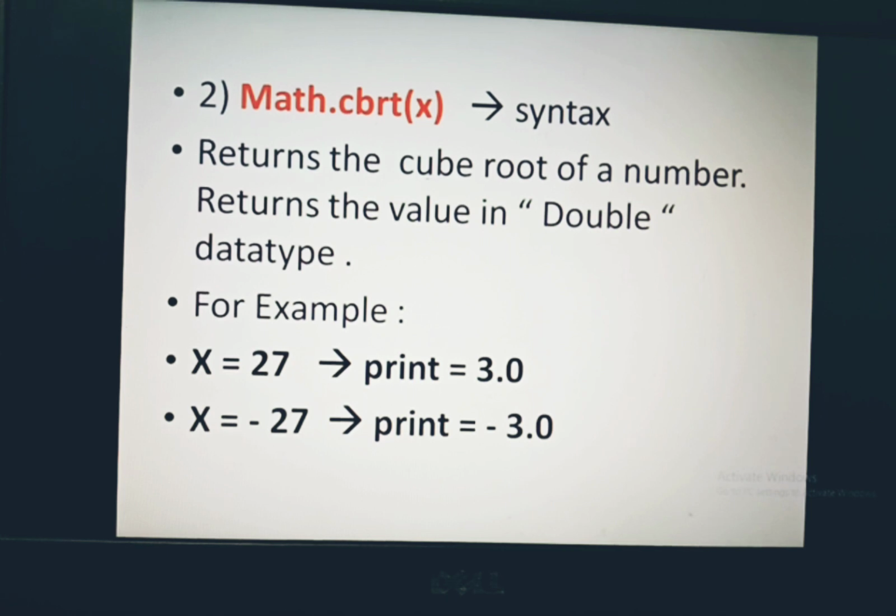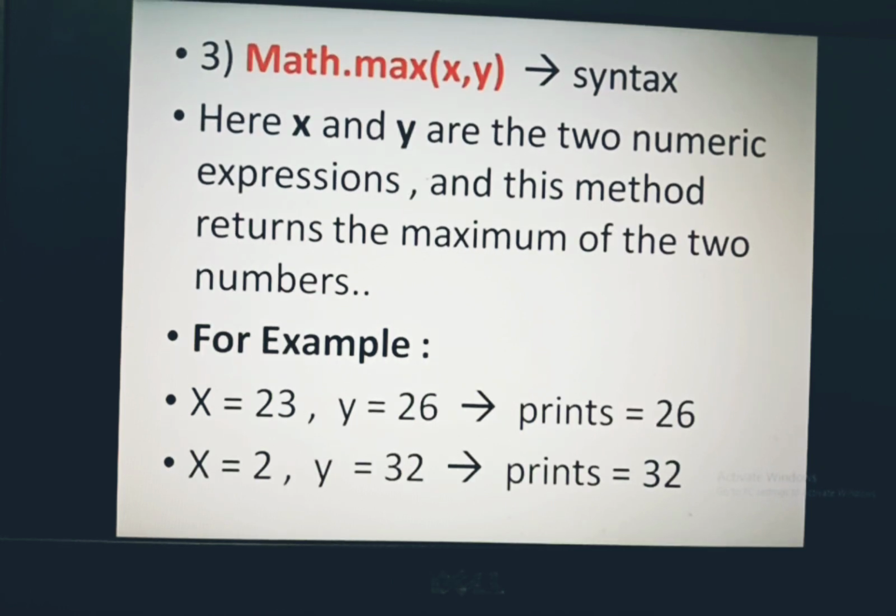So our third function is Math.max. This is the syntax, and in x and y you can input any two numbers. Here x and y are two numeric expressions, and this method returns the maximum of the two values. For example, the value of x is 23 and the value of y is 26.